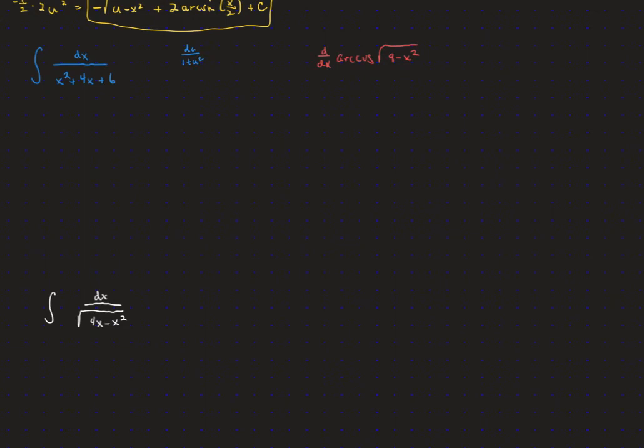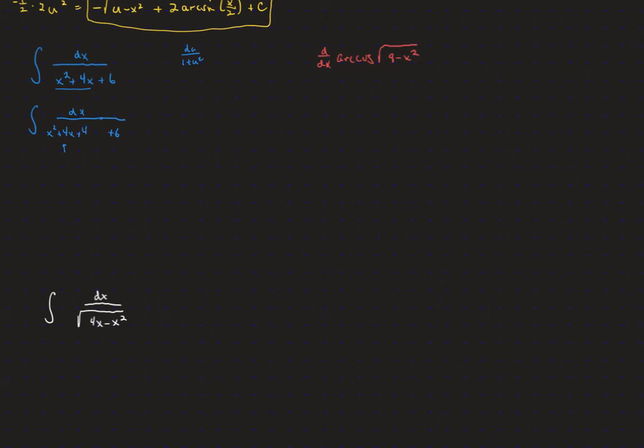So what we're going to do is complete the square in the denominator. So we will look at the x squared plus 4x. We're going to push that plus 6 off to the side because it isn't what we want it to be. What we want is half of the middle term squared. Half of 4 is 2. 2 squared is 4.